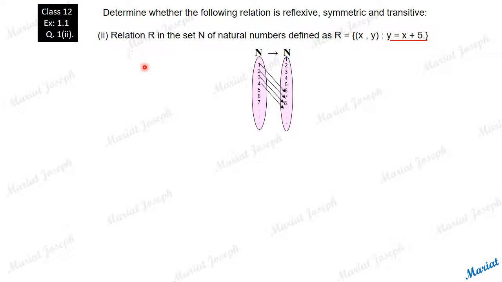Let us list them down in the roster form. All the pairs are simply listed down: (1, 6), (2, 7), (3, 8), (4, 9), (5, 10), etc. An infinite number of pairs are there. So the relation is now written in the roster form.